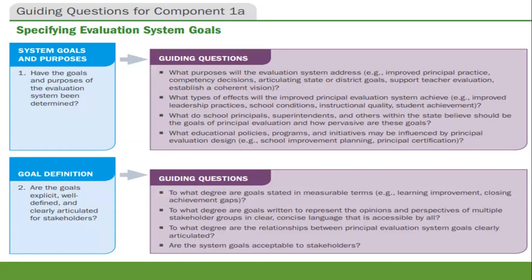Guiding question for component 1A, specifying evaluation system goals. System goals and purposes are stated here.